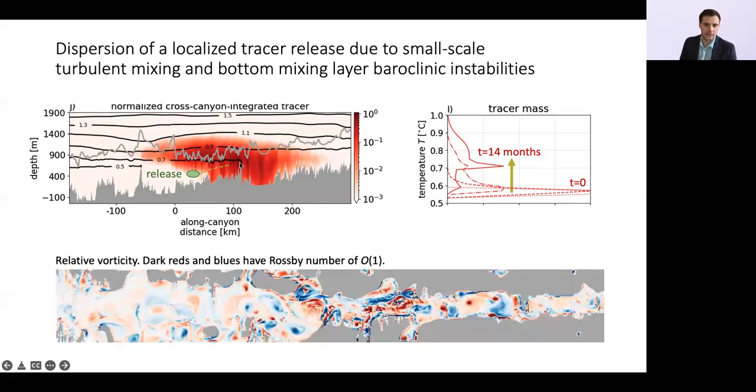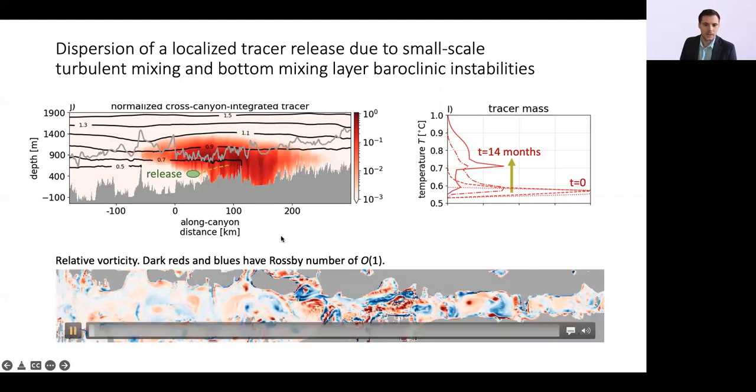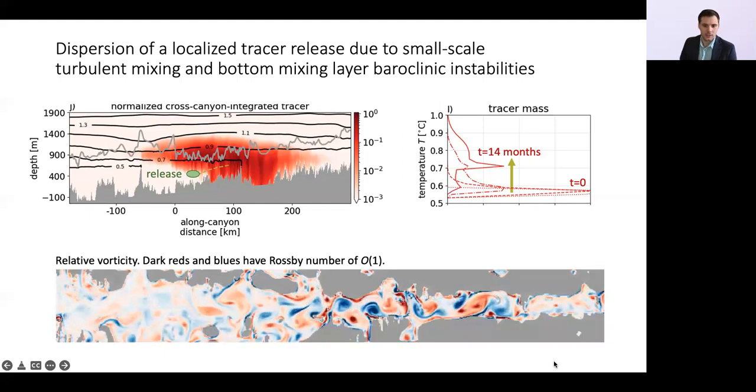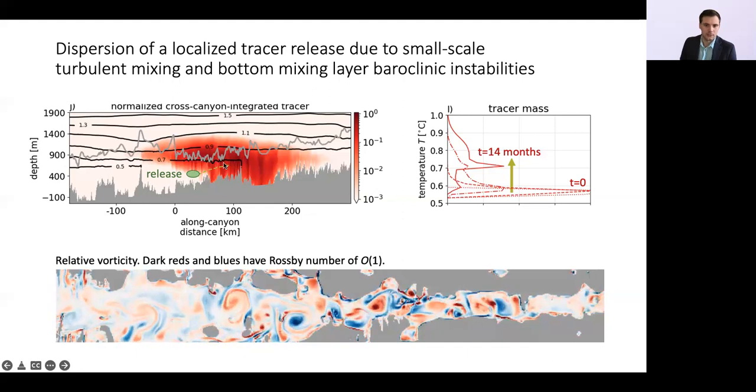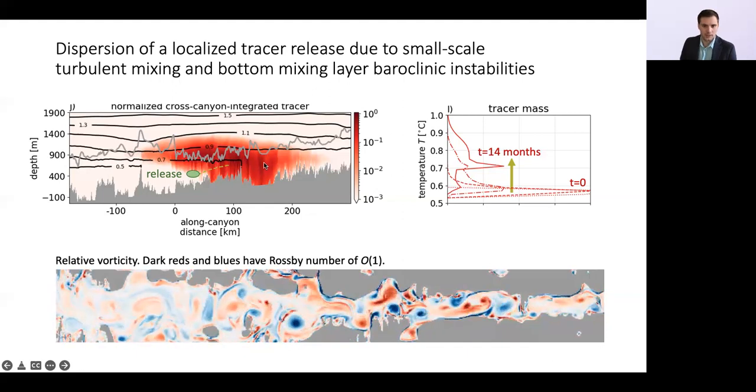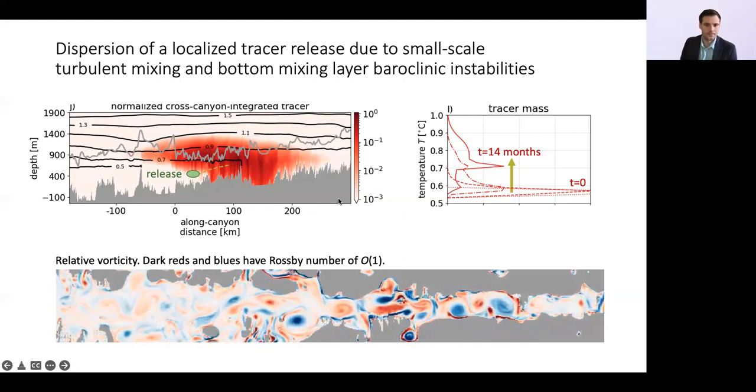I also want to point out here that there's also stirring in the horizontal or along diapycnal surfaces, and that's by these submesoscale baroclinic eddies that populate the domain and feed off of these horizontal buoyancy gradients due to the mixing.